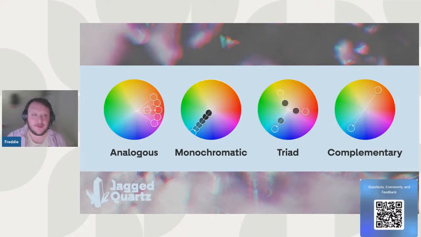So think of fast food, budget supermarkets. So be careful with triad because it's a harder one to manage. But there are many tools that can help you find a color scheme based on color harmonies, and I'll go through some of those in a bit.